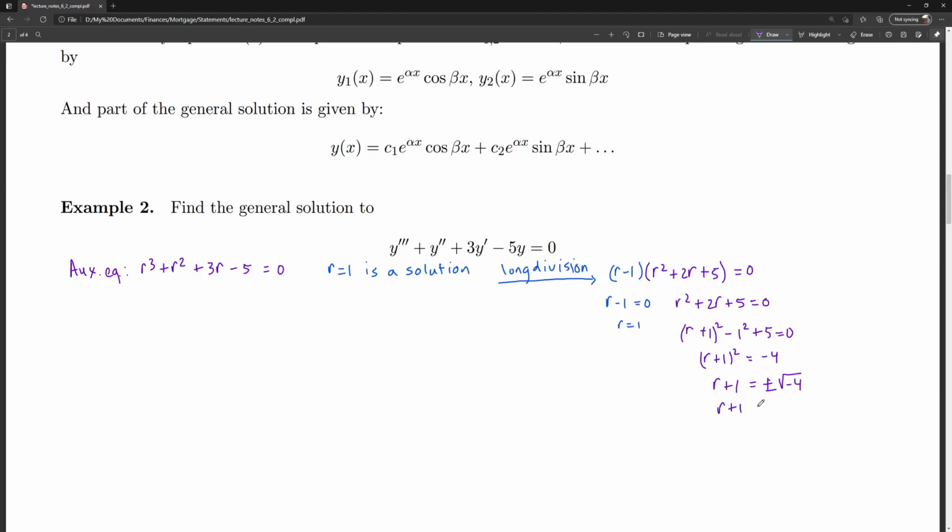So we have r plus 1 equals plus or minus i times the square root of 4, which then simplifies to plus or minus 2i. I'm going to bring the plus 1 to the other side, and I get r equals negative 1 plus or minus 2i. Now, again, you do not have to solve it this way. I would verify that you can solve it with the quadratic formula as well.